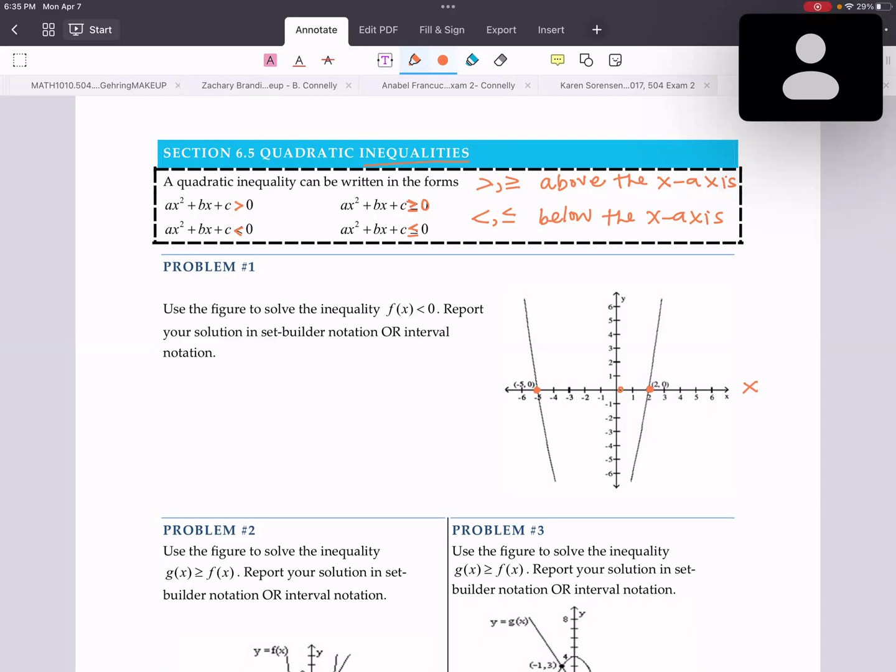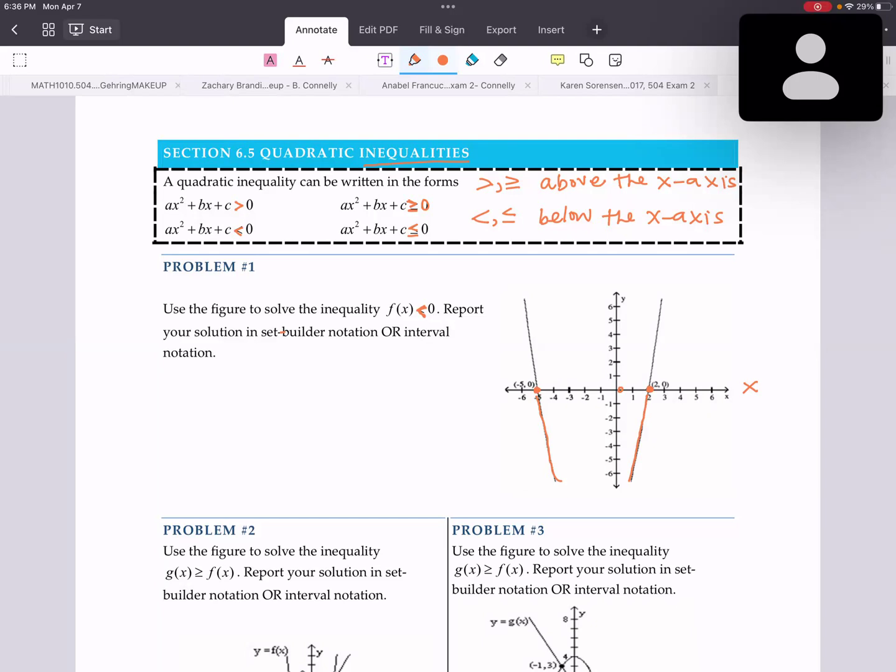Okay. So looking at this one, use the figure to solve the inequality. f of x is less than 0. So stuff that's less than 0 are negative numbers, or a part that is below the x-axis. So we're dealing with the parts that are below the x-axis, but we want to know which x values those correspond with.